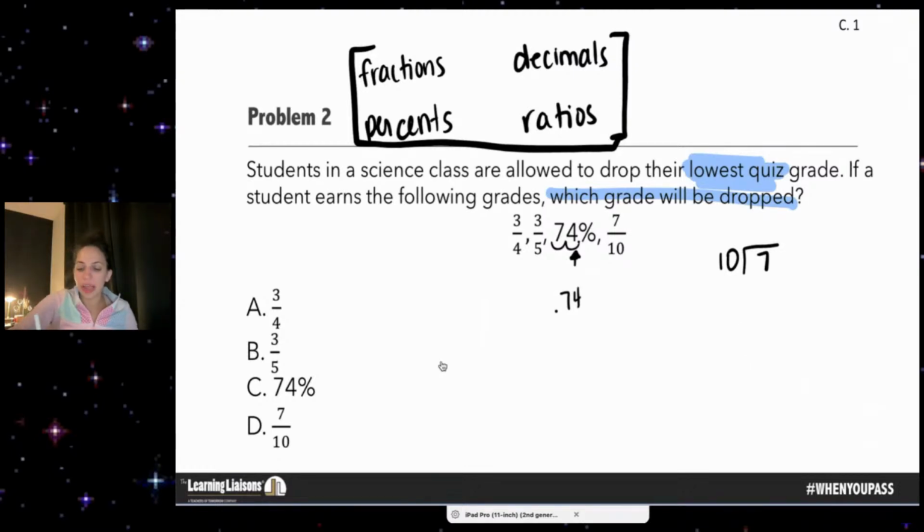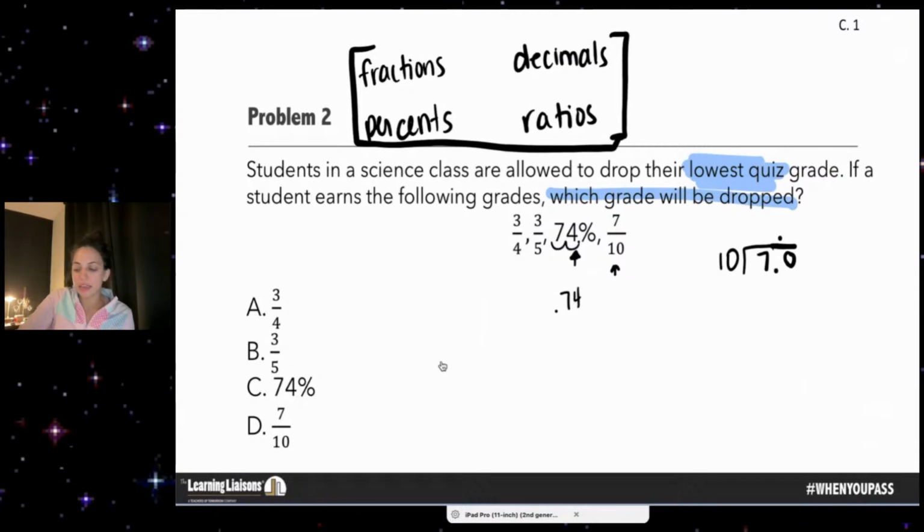Remember, when I convert a fraction into a decimal or a fraction into a division problem, that's really what it's going to look like. Now, 10 cannot go into 7, obviously, because this fraction is less than 1. So my answer is going to be less than 1.